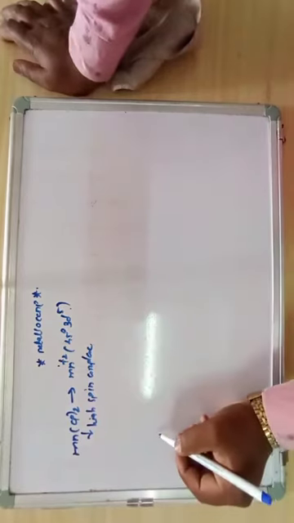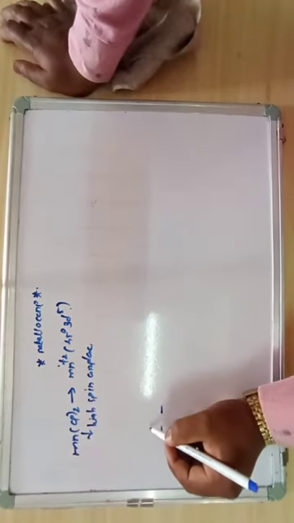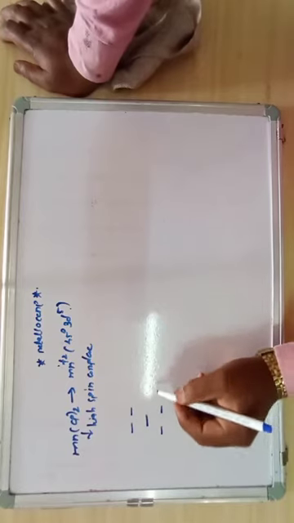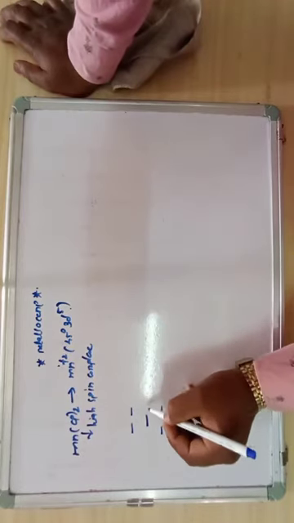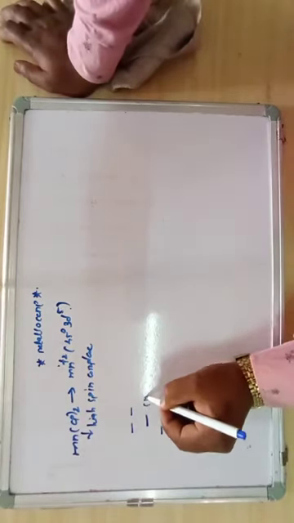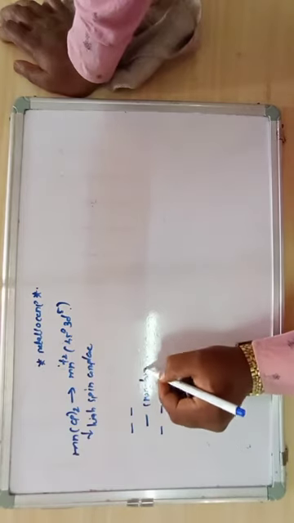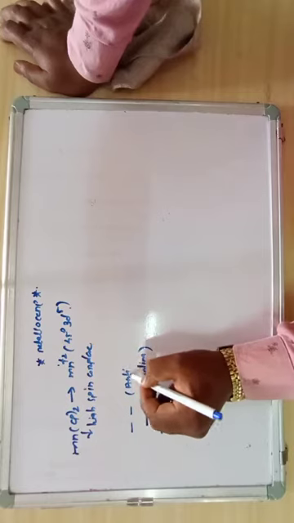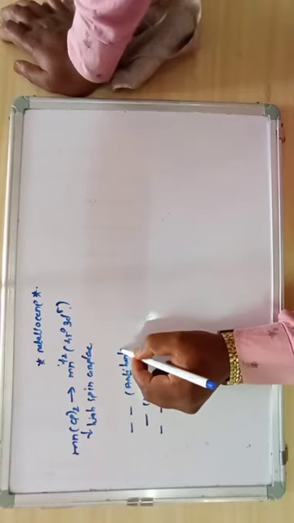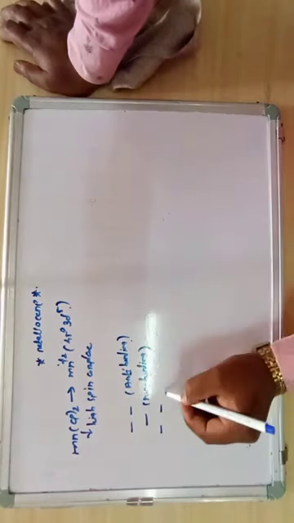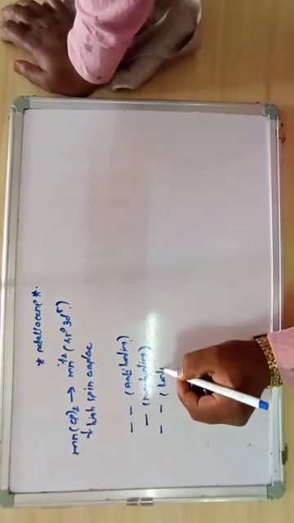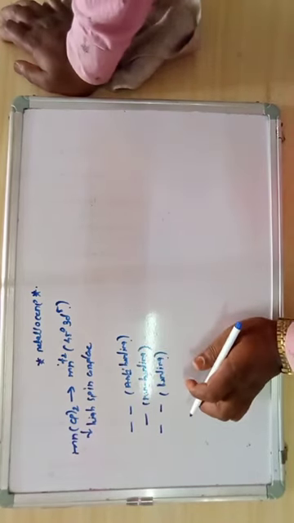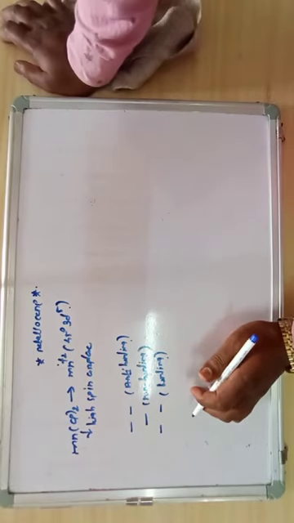If you draw the d orbital splitting, in this case the energy gap between the non-bonding and antibonding orbitals is very small, and therefore the electrons do not pair; they go into the antibonding orbital.